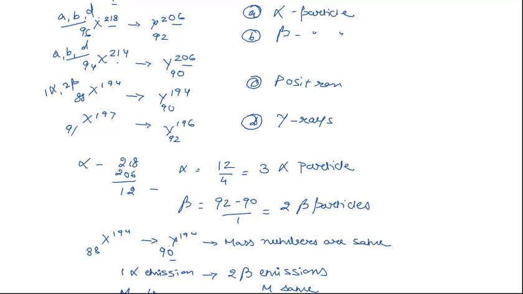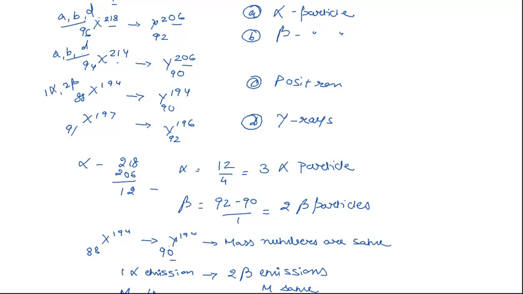Okay. Now can I say that there is a positron emission? If I take out the neutron-proton ratio, that is 194 minus 88, I'll get 106 divided by 88. The ratio is 1.2. Can it emit a positron? No. The ratio is more, so it has to emit a beta particle.